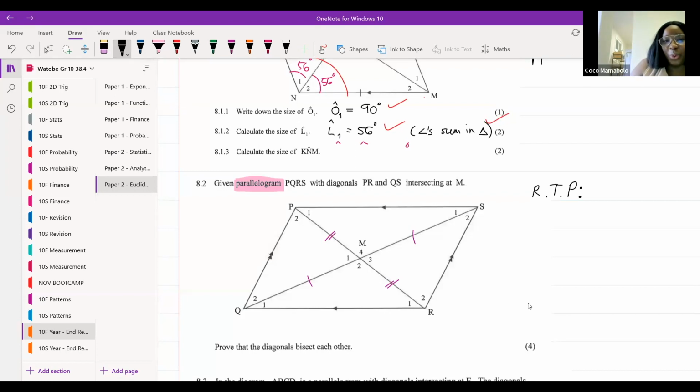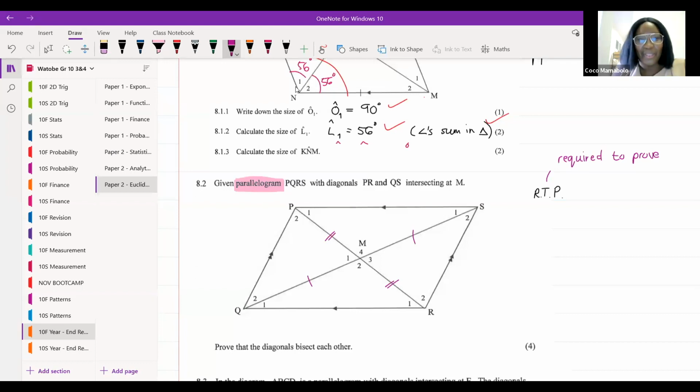Not RIP, not rest in peace. Okay, RTP means we are required to prove. And I want you guys to write this down, because it also comes out in your matric paper. It's very important that we know that RTP stands for required, not RIP. Not rest in peace, guys.